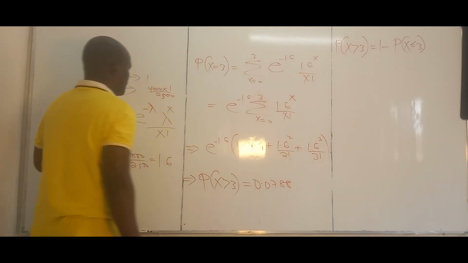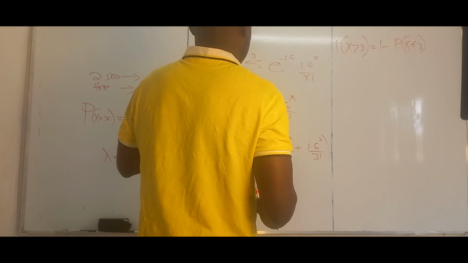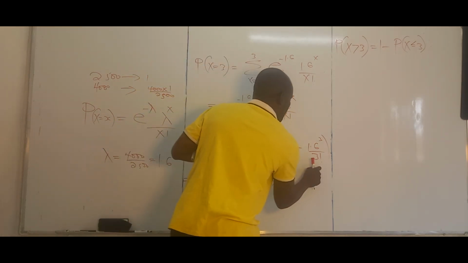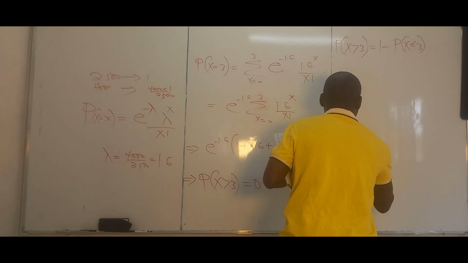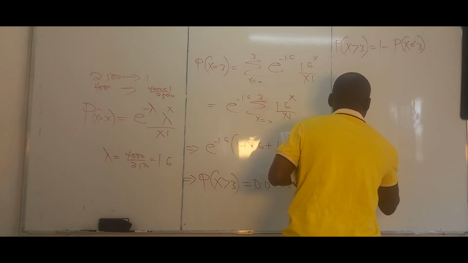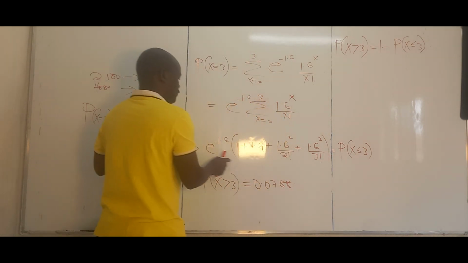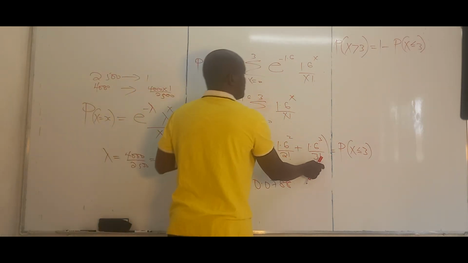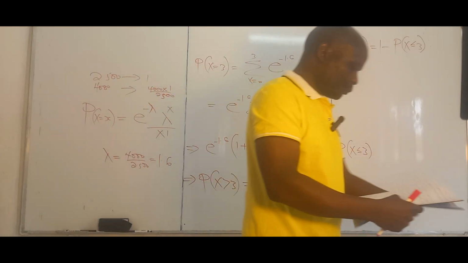So that answers the part. And this here is the probability that x is 3 or less. All of this. So you'd have to get this, subtract it from 1 to get this. That's the answer. Okay.